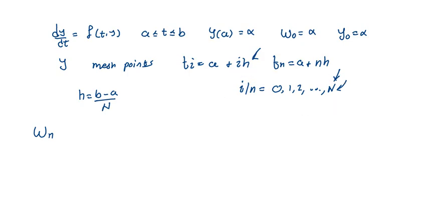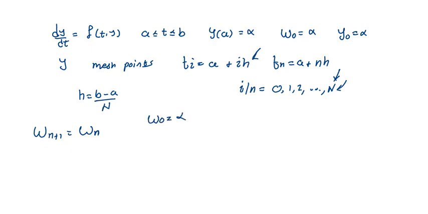So I'll say w n plus 1 is equal to w n, which is what we have right here. For the first point, if you want to determine what w1 is, it simply means your n is supposed to be 0, because you are starting from n equals 0. So your w0 is equal to alpha.